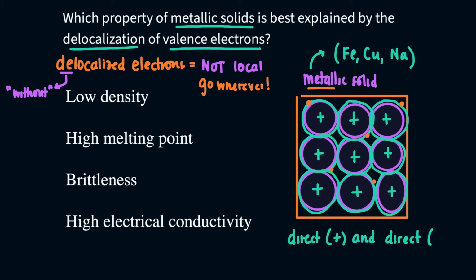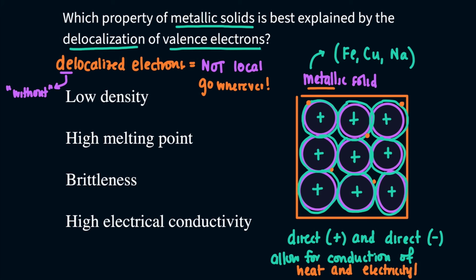So direct positives and direct negatives allow for conduction of two things: heat and electricity.